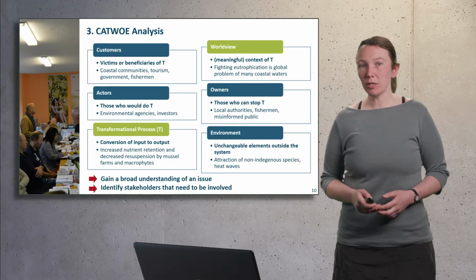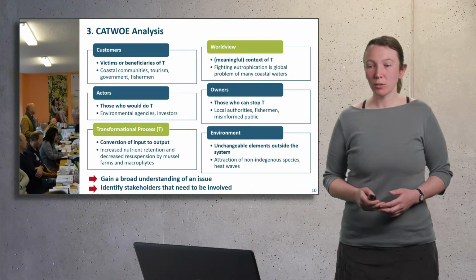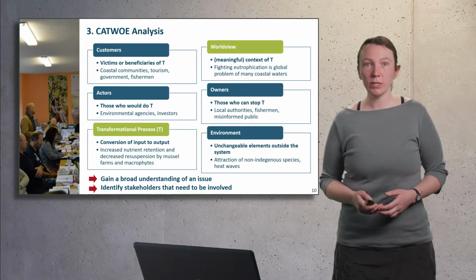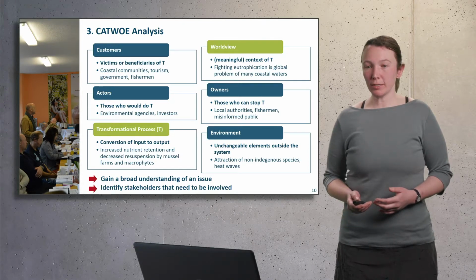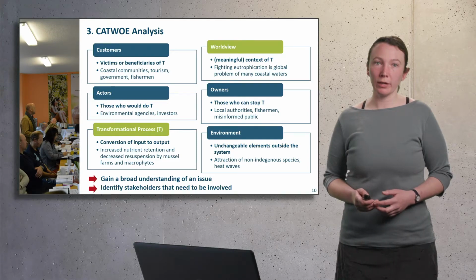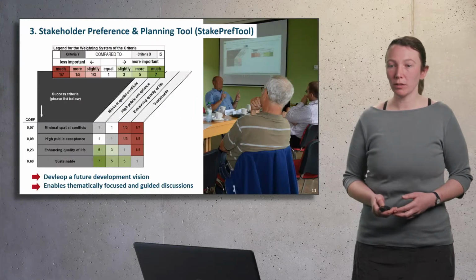And the environment, this is the unchangeable elements outside of the system. So this could be an attraction of non-indigenous species or also heat waves. In the systems approach framework, this is usually applied in this issue identification.